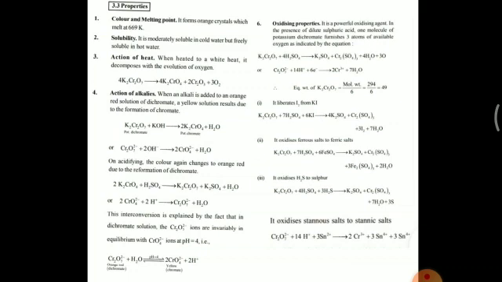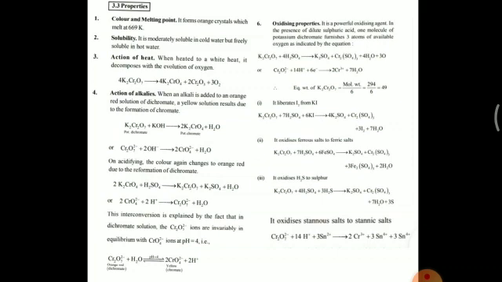From this equation we see that dichromate ion gains 6 electrons, and reduces to chromic ion, that is Cr3 plus ion. Since it undergoes reduction, it acts as an oxidizing agent.